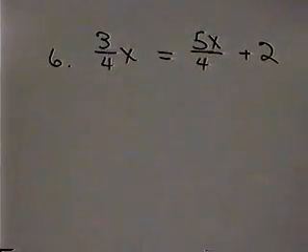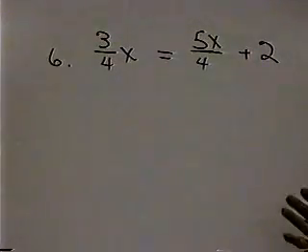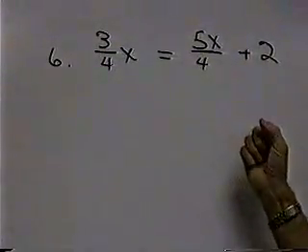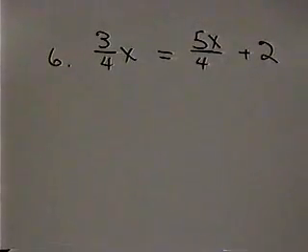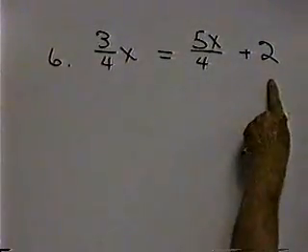Okay, don't be moving things across and doing opposite operations if you have fractions in linear equations. Multiply everything by a common denominator. So a common denominator here is 4.